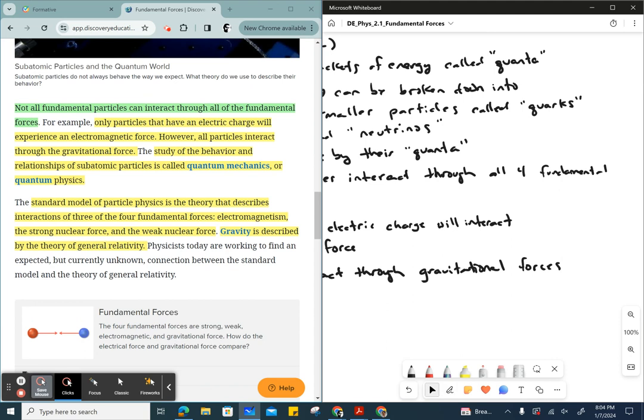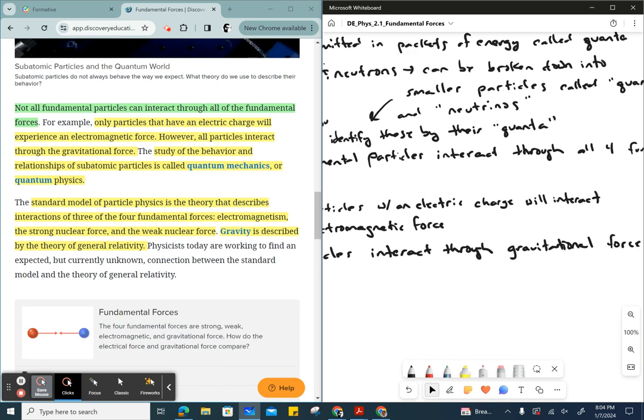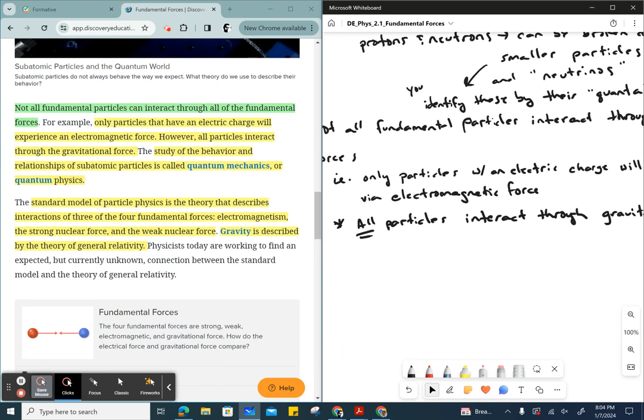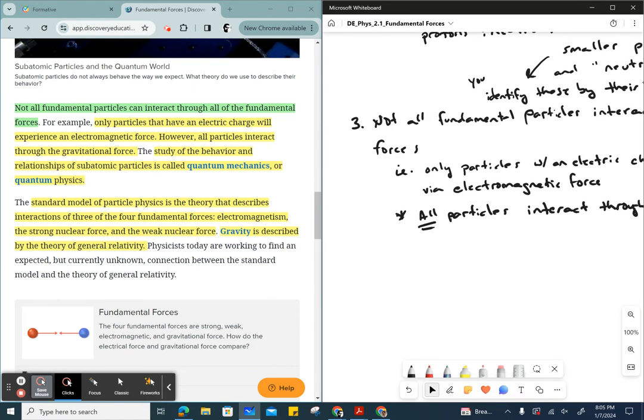Obviously, the bigger the object, the greater the force. It'll be affected by gravity more versus if you're a smaller particle, albeit a very, very small force, right? But gravity still is going to affect all these things. Now they go into this next paragraph. The study of the behavior and relationship of subatomic particles is called quantum mechanics or quantum physics. Okay, let's go ahead and make a note of that.